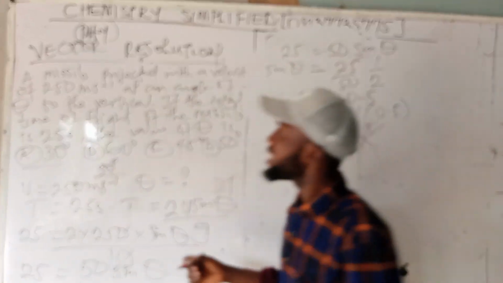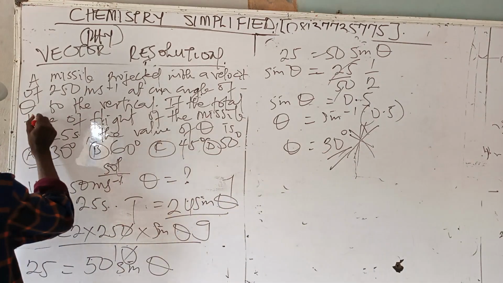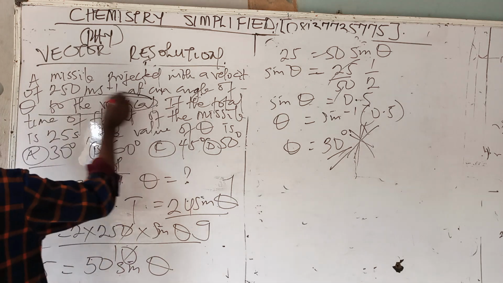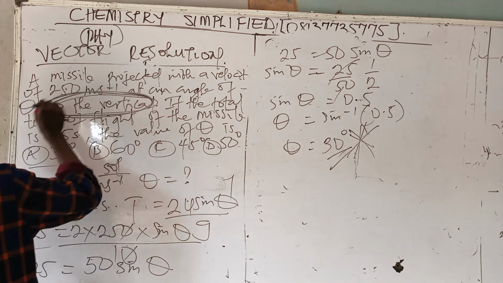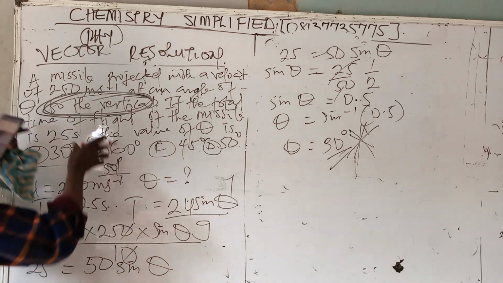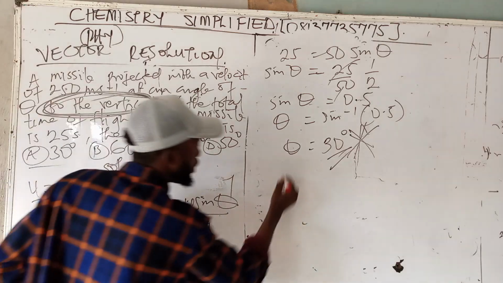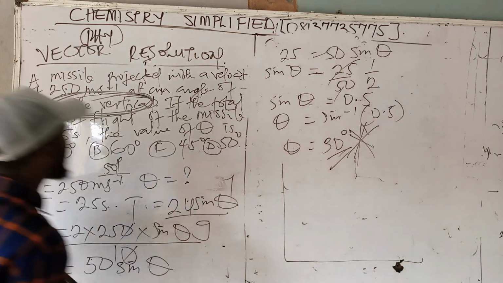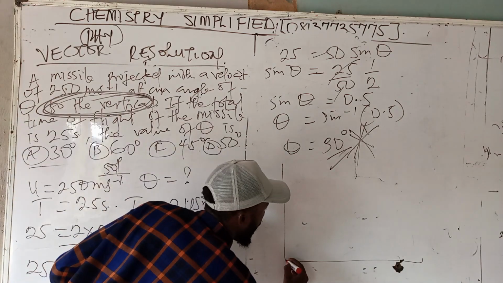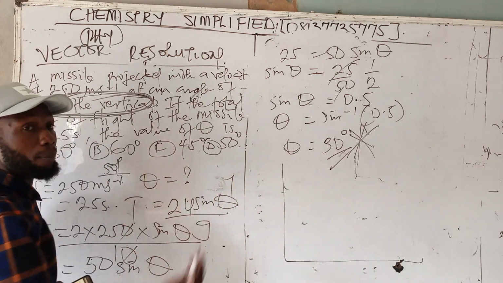Now look at the question. It said the angle theta is to the vertical. You have to look in depth. If it is to the vertical, the representation is something like this. The missile is projected with the velocity, and projectiles follow a parabolic path.